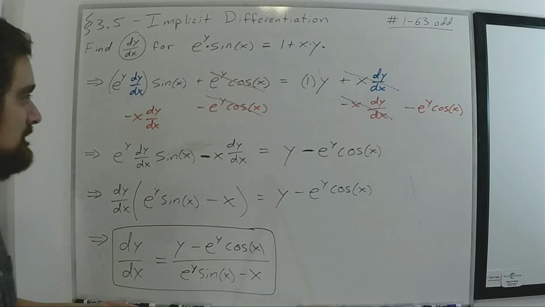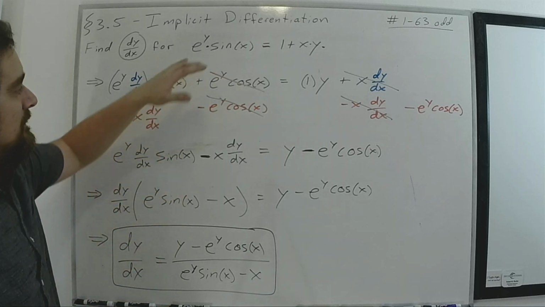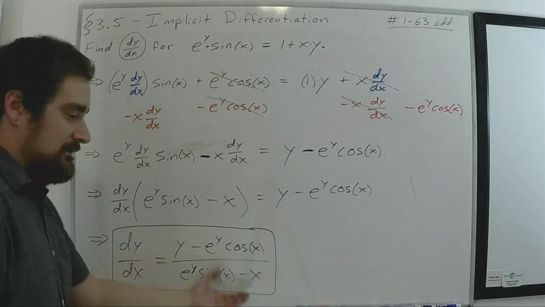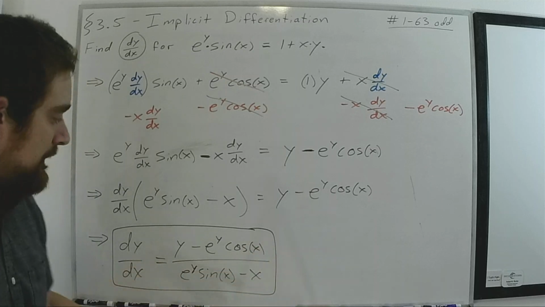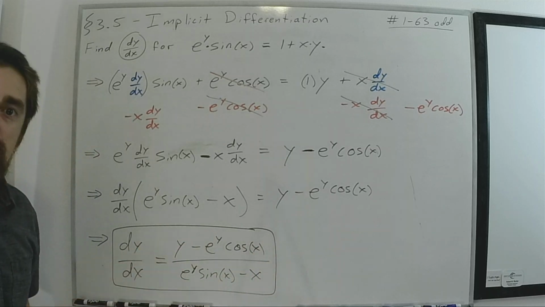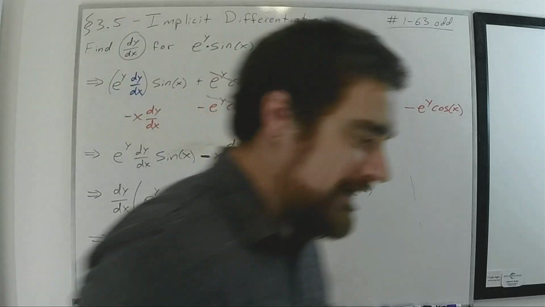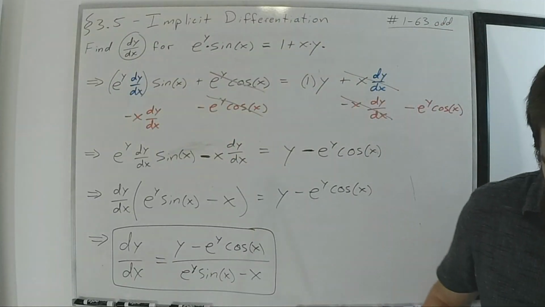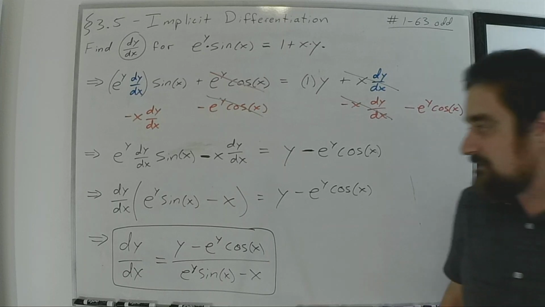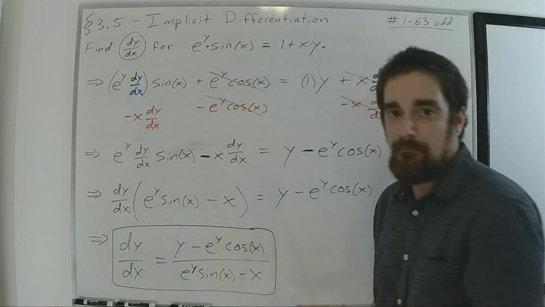But the nice thing is, if I have to evaluate this thing, say, at a specific ordered pair, like x is 1 and y is 7, then I know where to plug in my 1s for x and my 7s for y's. So if given a point or an ordered pair like that, you can still plug it in and evaluate the derivative. And what does that tell you? Well, it tells you the rate of change at that point.